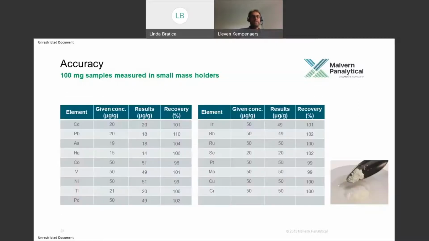So that's the accuracy. Then also looking at the accuracy for just 100 milligrams in this example. Again, we have the given concentration, what it should be, and also the obtained concentration when we measure the sample as an unknown sample and compare the results.